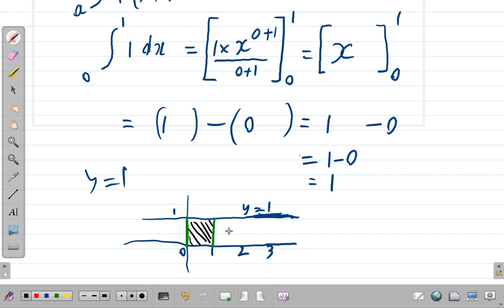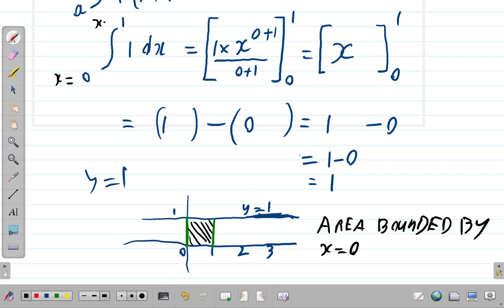All right? Now, what you really did was to find the area bounded by, there are 4 lines here. You have the line x equals 0, which is the y-axis, and the line x equals 1.